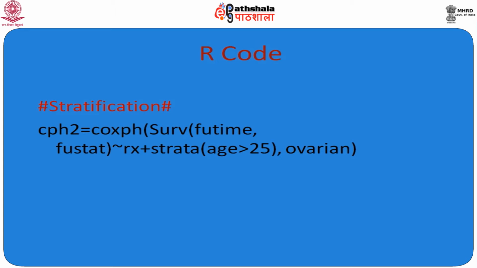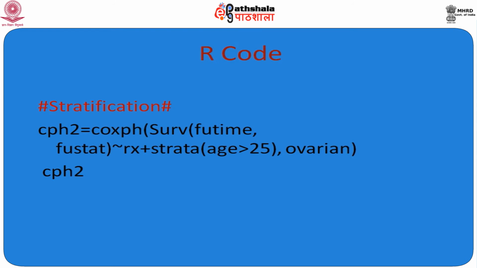This is the function to run stratified Cox proportional modeling, and we assign this object as CPH2, where again coxph is used, and within parentheses Surv, FU time and FU stat follows Rx and strata. We run the coxph and get the result.